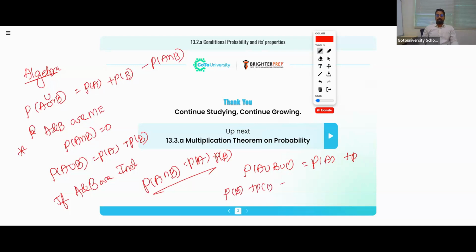This formula is very similar to the formula we use in set theory for the union of 2 or 3 sets. Minus P(B intersection C), minus P(C intersection A), and finally plus P(A intersection B intersection C).